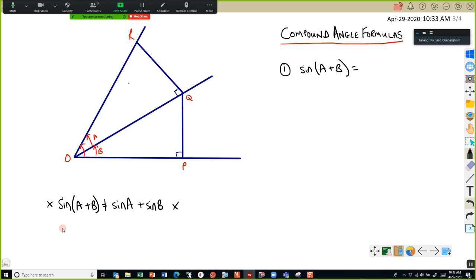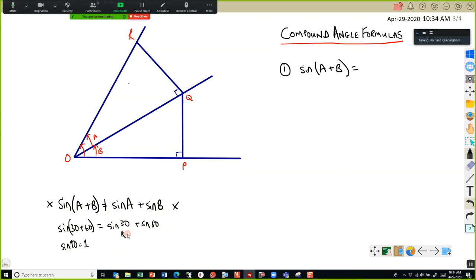Even if you consider certain numbers, let's do sine of 30 plus 60. So that's sine of 90, and sine of 90 is 1. If I was considering it like this, that would be sine of 30 plus sine of 60.